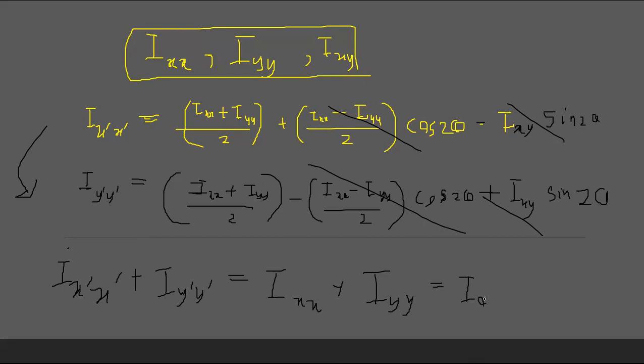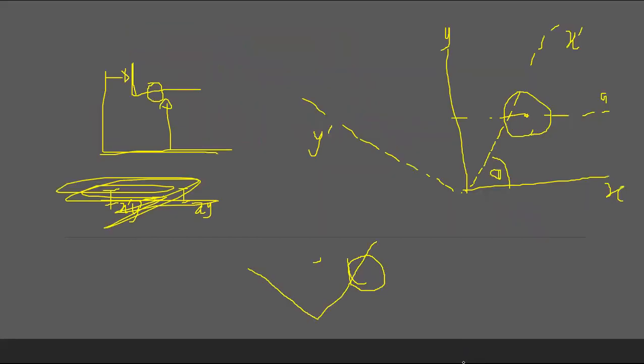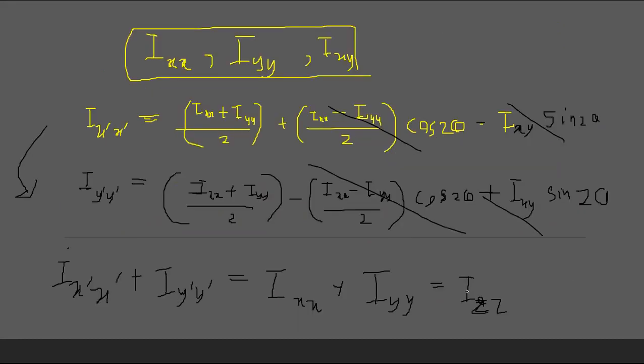We call it Izz. So that polar moment of inertia is independent of the rotation angle. Even if you take another pair of axes, x2 y2, Ix2 plus Iy2 should be Izz.